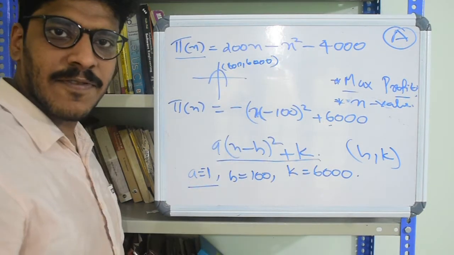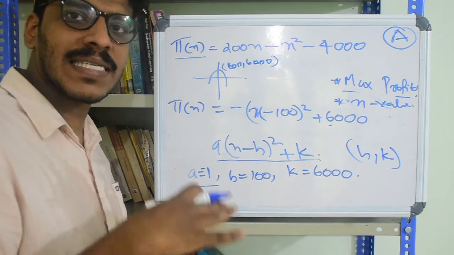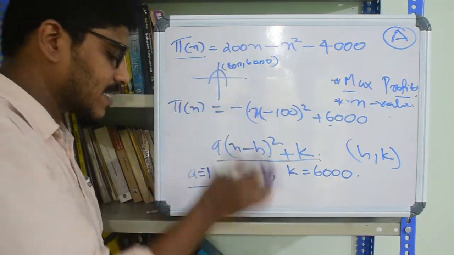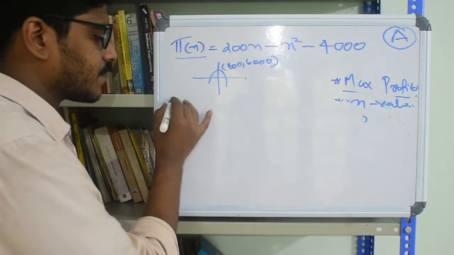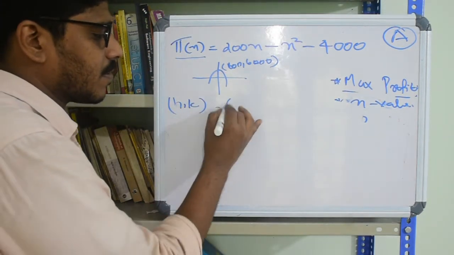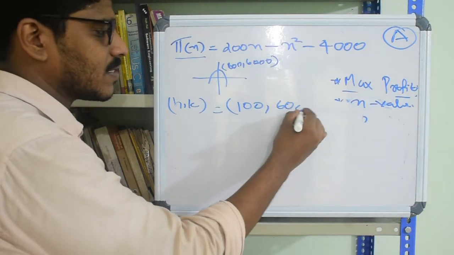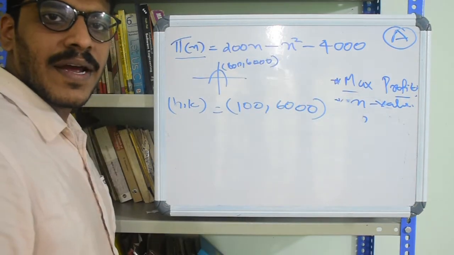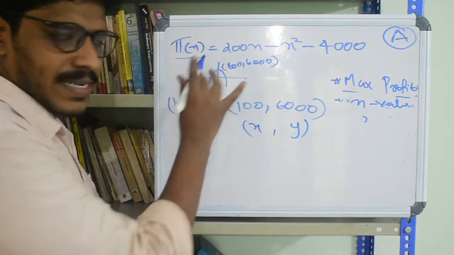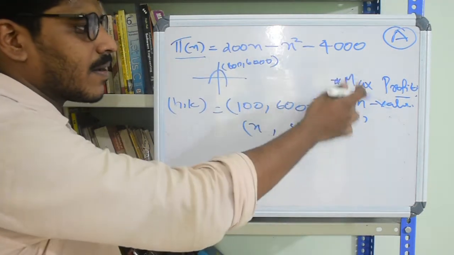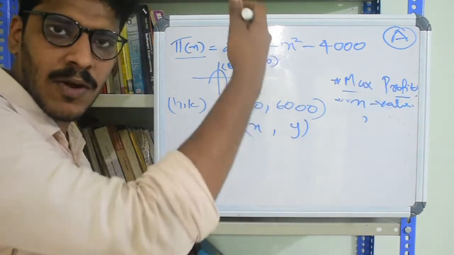We have seen that for a downward opening parabola, the maximum value is attained at the vertex, and the vertex is (h, k), which is (100, 6000). This is the x value and this is the y value at the vertex. We have seen that the profit is marked along the y-axis.